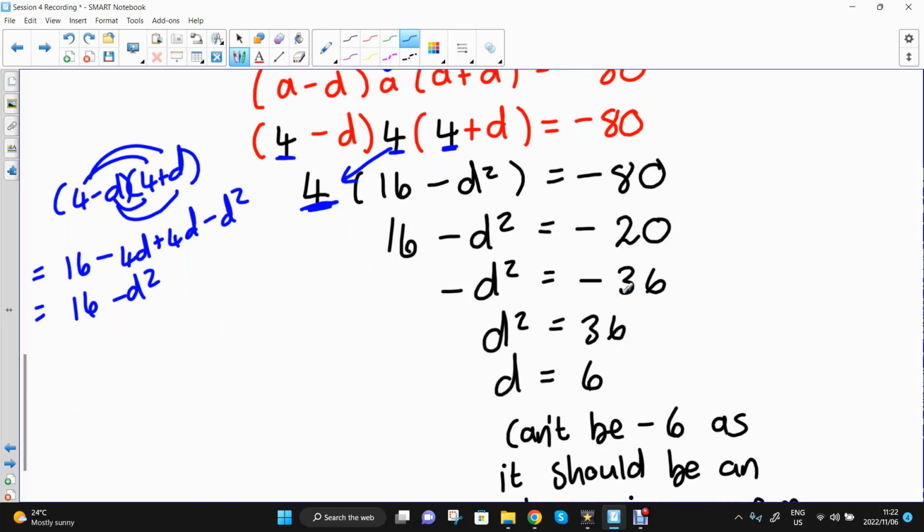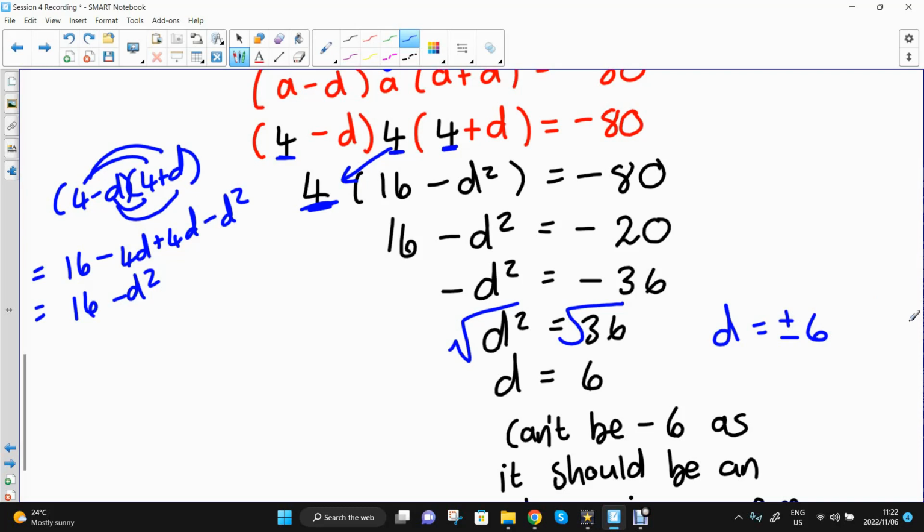Subtracted 16, got negative 36. The negatives cancel. You then take the square root. Now just be careful here. Whenever you take a square root, your answer on the right hand side might have two different values. It might be a plus or it might be a minus. You have two answers there.